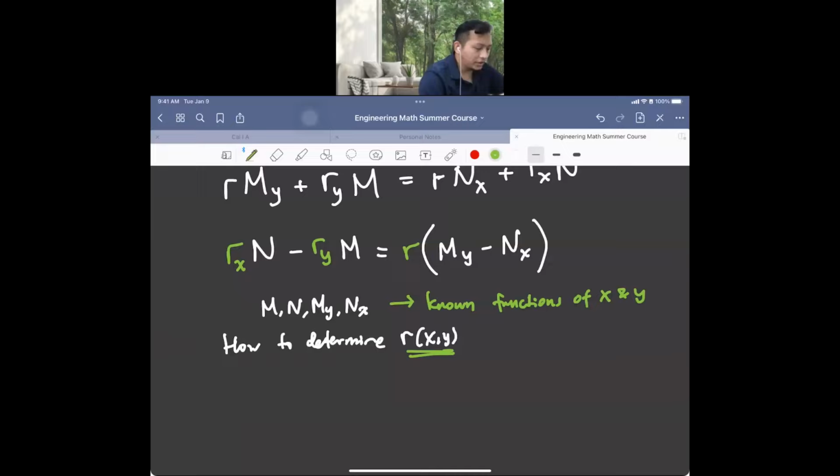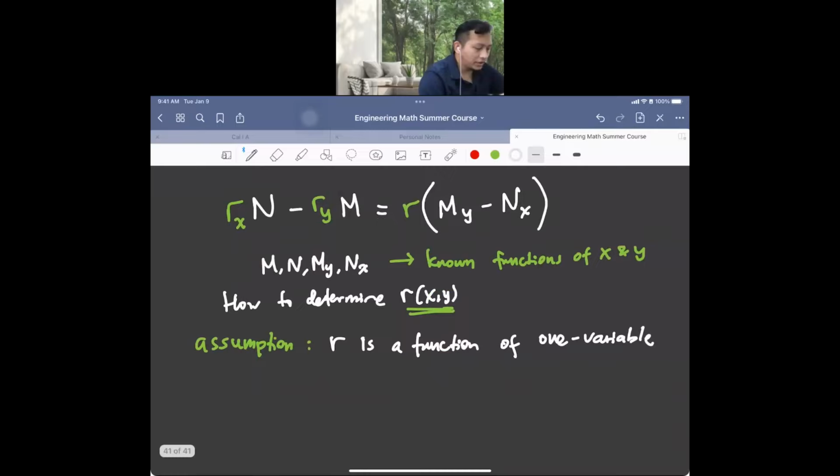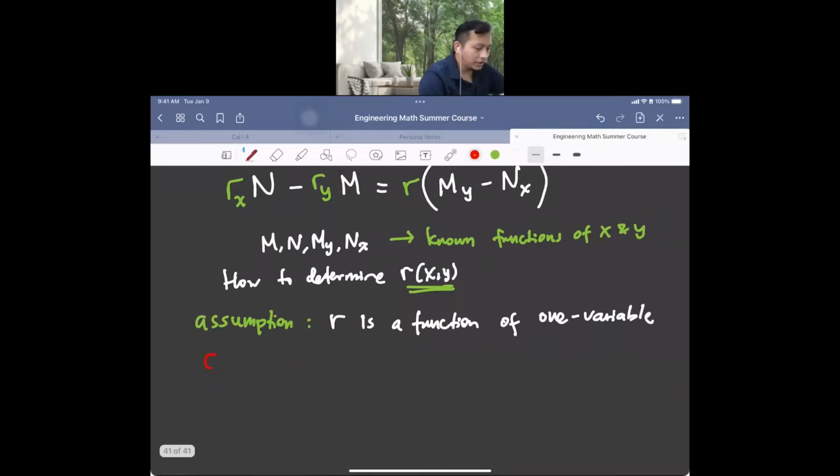So the assumption that we are going to make is that R is a function of just one variable. Case one, if R depends only on x.